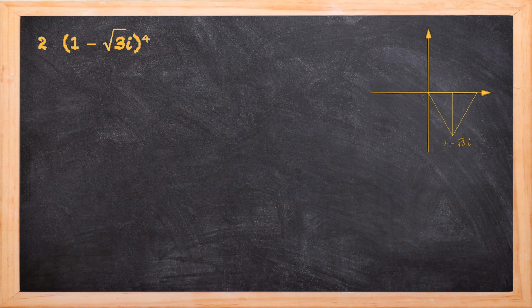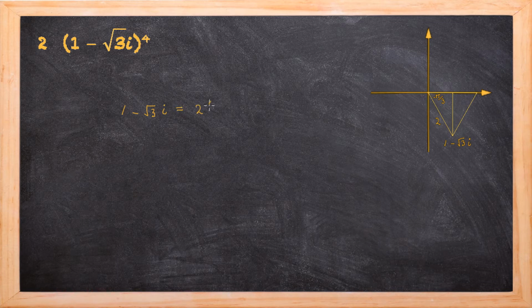And again, as in the last example, it's got a modulus of 2 and an argument. This time it's not π/3, it's negative π/3. So let's take the Cartesian form, 1 − √3i, and convert it to the polar form.